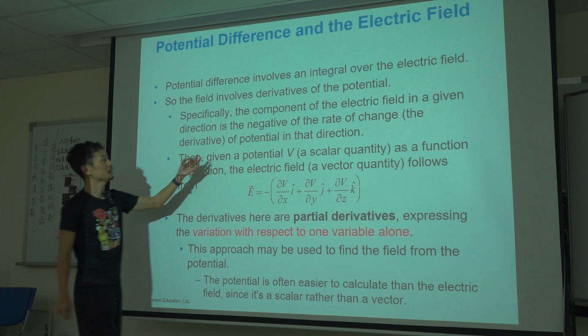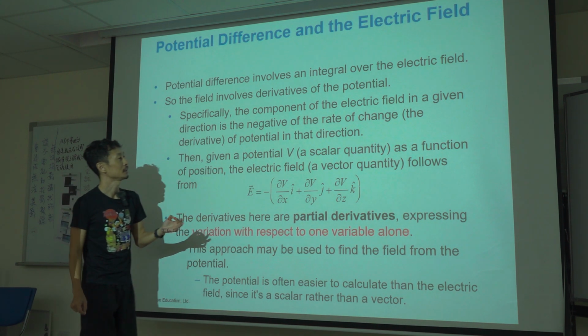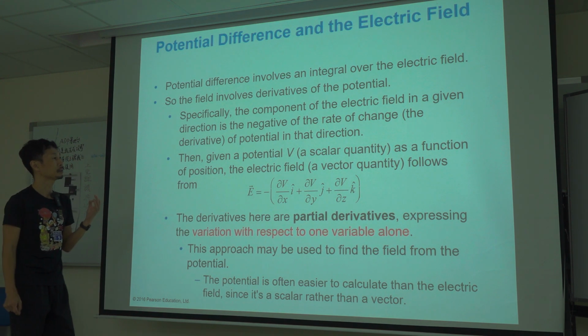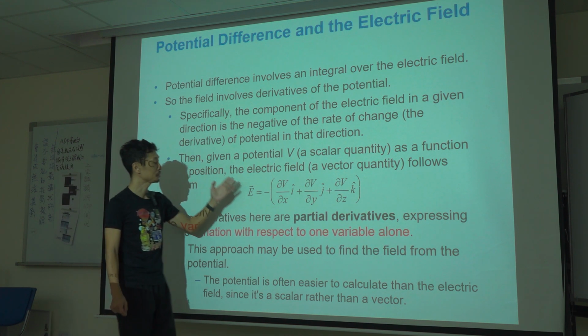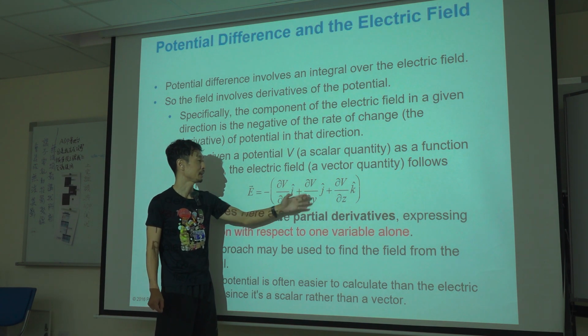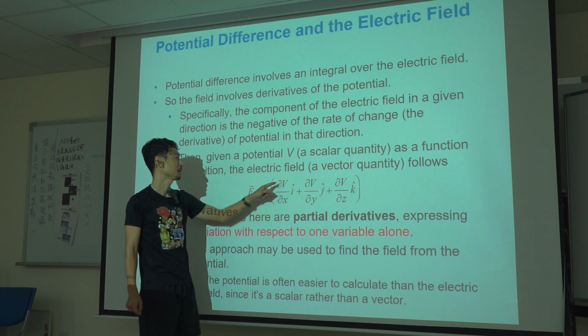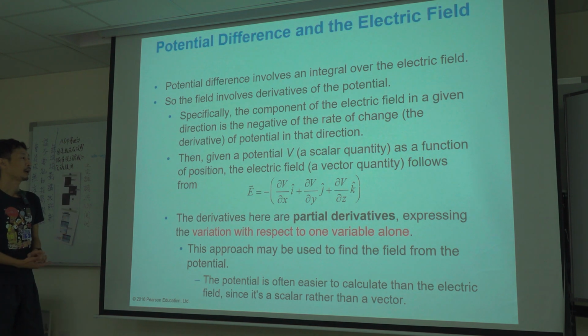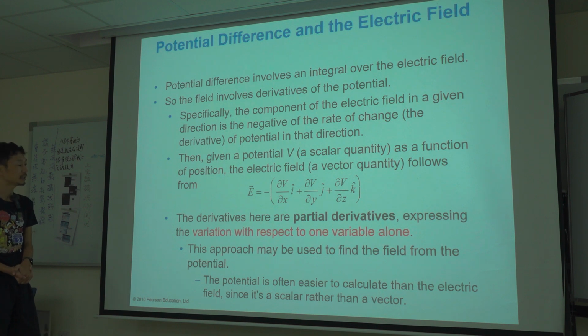So if you're given the potential V, which is a scalar quantity, as a function of position, then the electric field follows if you take a derivative in, for example, the X, Y, Z direction of the potential V. Derivatives here are called partial derivatives because they express the variation with respect to one variable alone, in the X, Y, or Z direction.